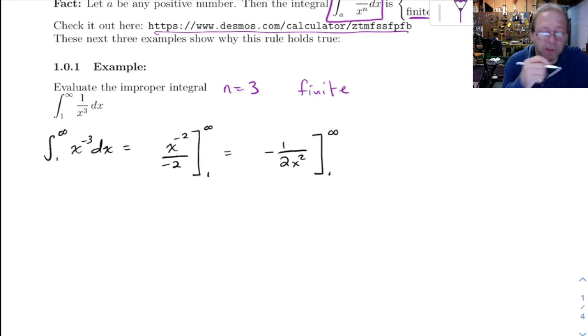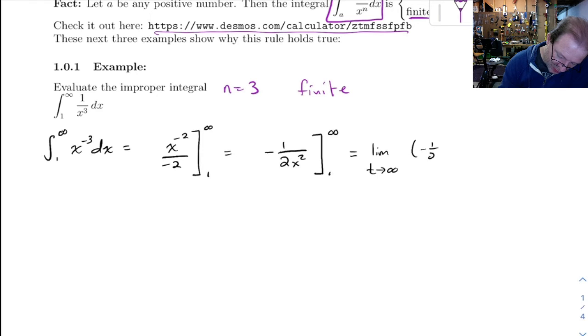All right, now if I want to be formal about this, I need to write this as a limit. Limit as t goes to infinity of -1 over 2x squared from 1 to t. So basically I'm replacing the infinity with t, and I'm taking the limit as t goes to infinity.